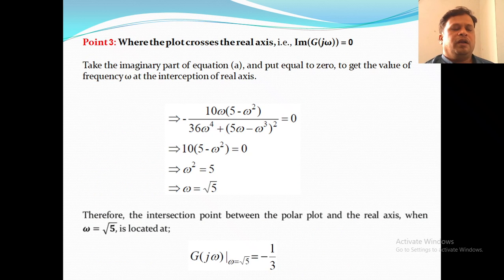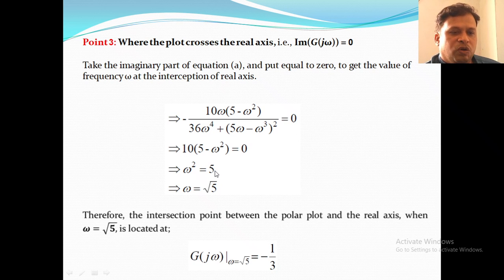Now the third point in plotting this graph is where the plot crosses the real axis, that is, the imaginary part of G of j omega is equal to 0. Equating it to 0, we get this equation to solve: 10 omega into 5 minus omega square is equal to 0, because the denominator is not 0.